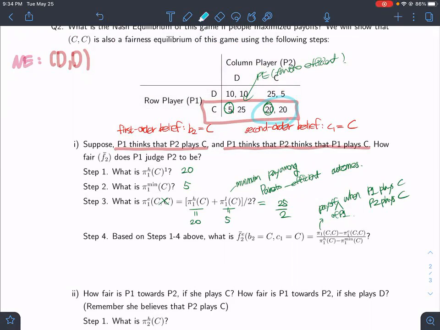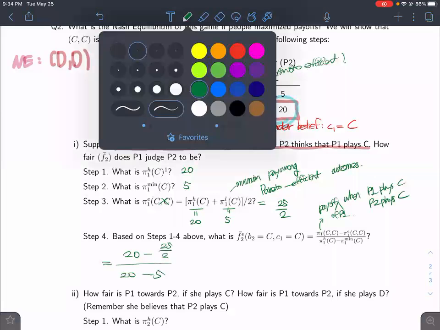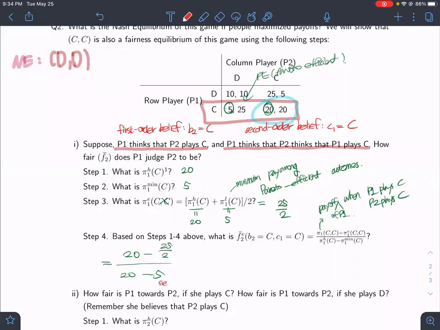Okay. So which means that I have 20 minus 25 over 2. Pi 1h is 20. Minimum payoff was 5 based on step 2. Now, let me write here. This was step 2. This is just read from the table. This is coming from step 3. This is coming from step 1.